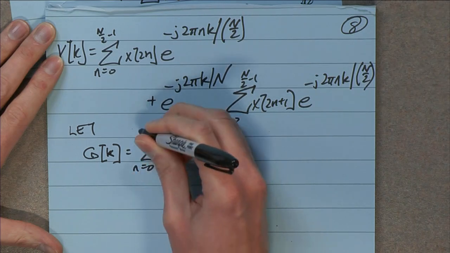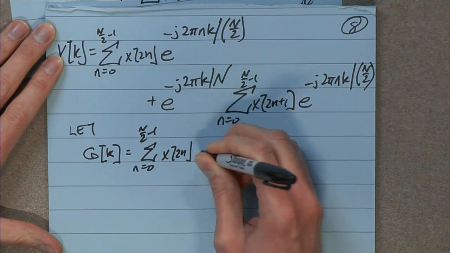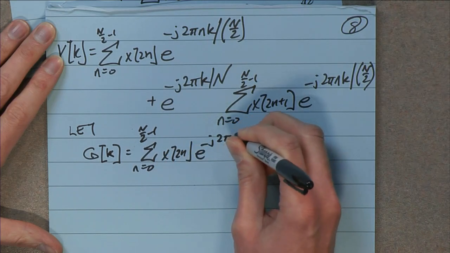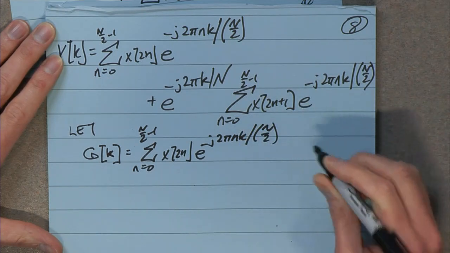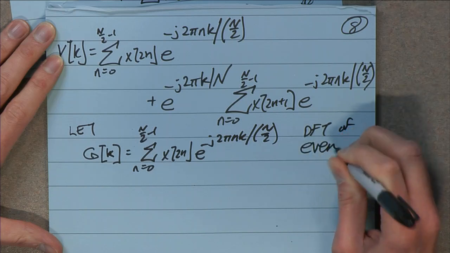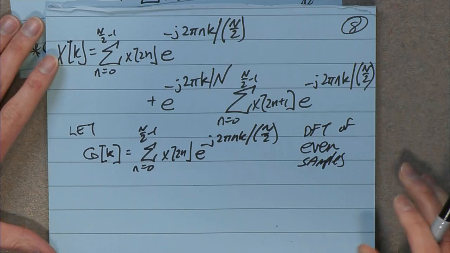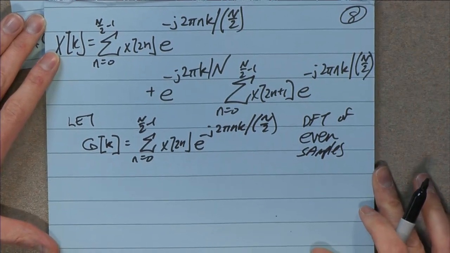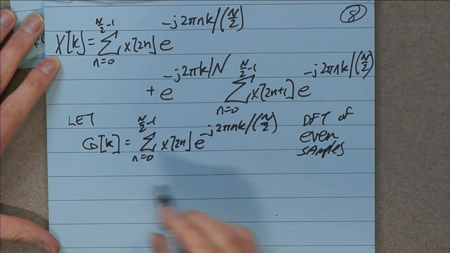So that's the sum from n equals 0 to N over 2 minus 1 of x of 2n times e to the minus j 2 pi n k, all over N over 2. And that's the DFT of the even samples. And of course we'll have another name for the odd samples, which is H of k.